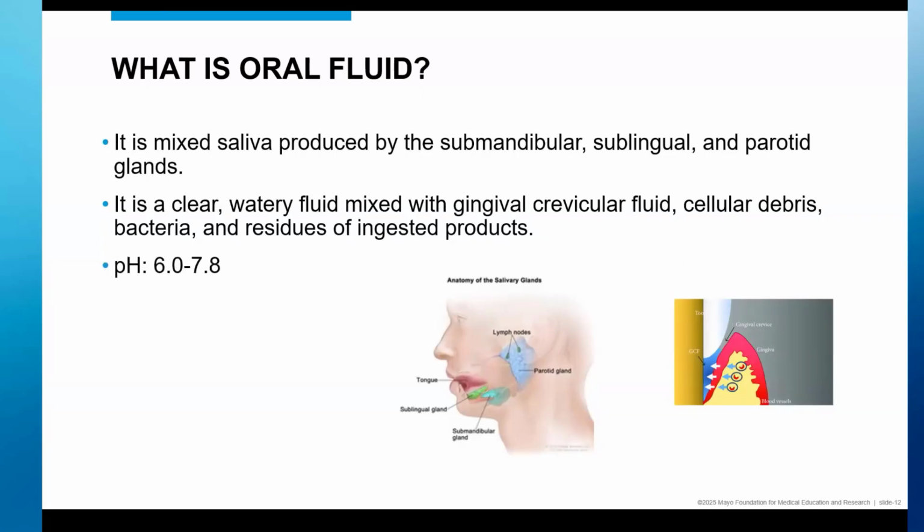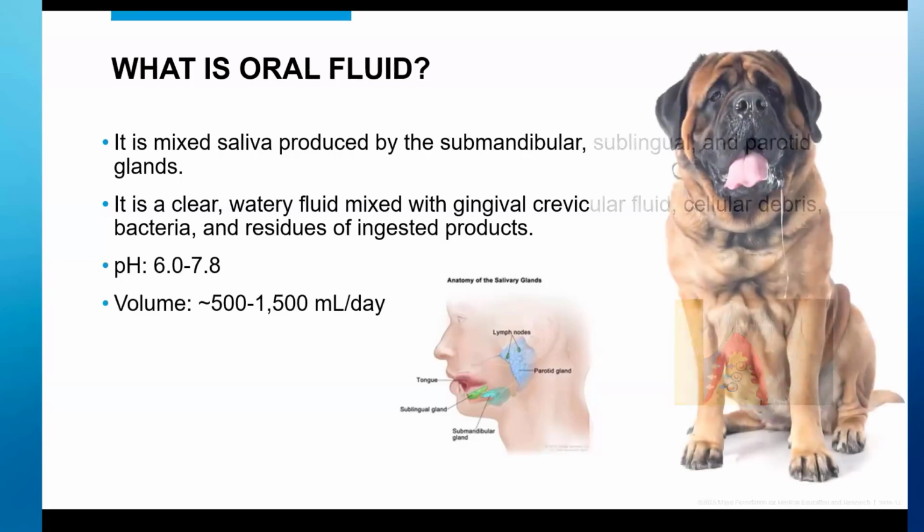It is slightly acidic, with a pH somewhere around 6 to 7.8, which in some cases helps us because it can trap some of our basic drugs that we'll talk about in a little bit. And most importantly, we are drooling machines. We produce up to 1.5 liters of oral fluid a day.